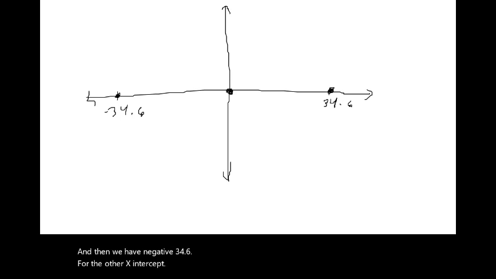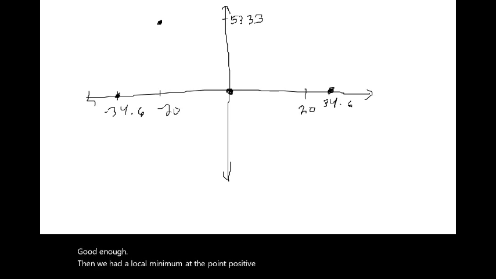Then we had a local maximum at negative 20, 5,333. Good enough. Then we had a local minimum at the point positive 20, negative 5,333. Again, good enough.